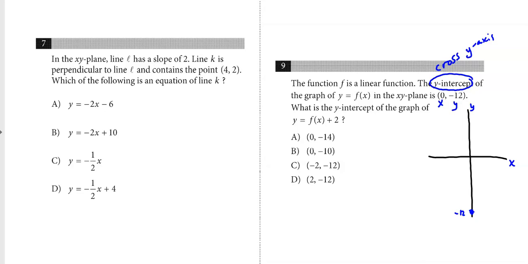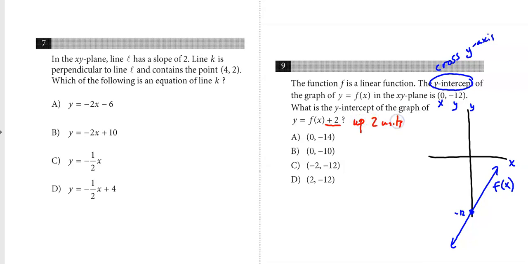I really don't know what the line looks like. They don't tell me the slope, so I'm just going to pretend, maybe it's something like that. So that's f of x. That's the function. Well, it says, what is the y-intercept of f of x plus 2? What if I add 2? Well, this is a transformation problem. Whenever you add 2 at the backside, that basically means we're going to translate it up 2 units.